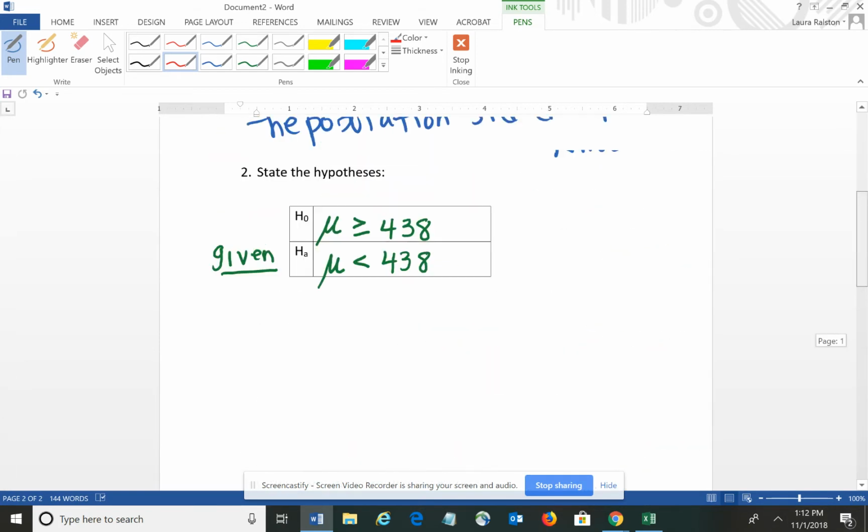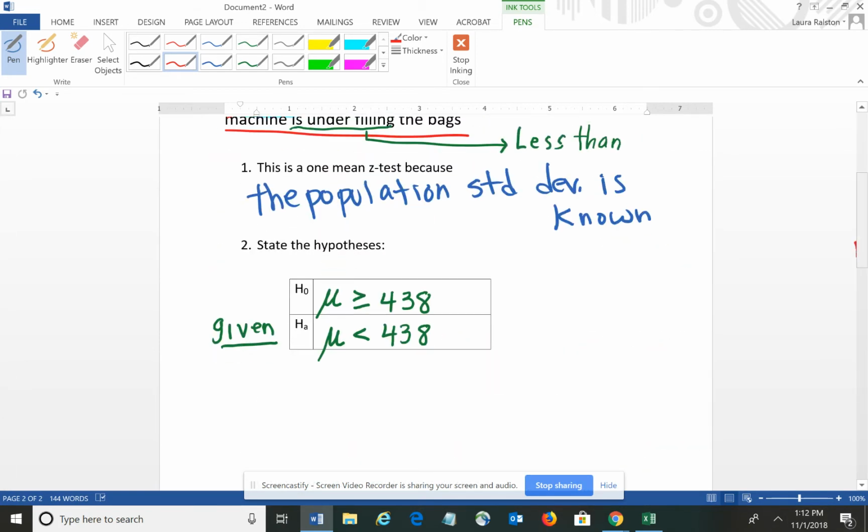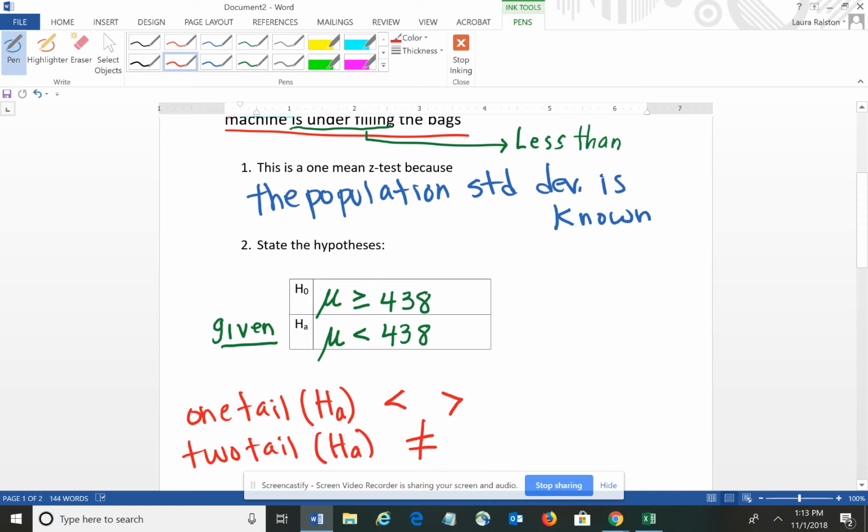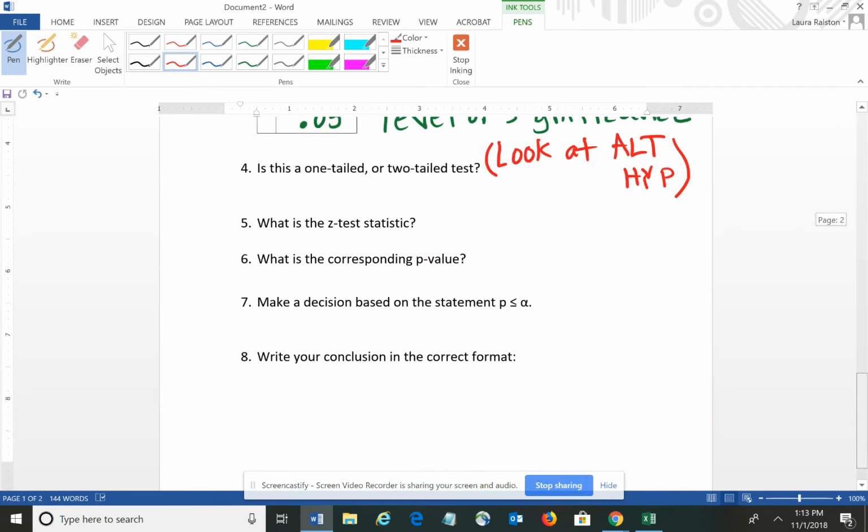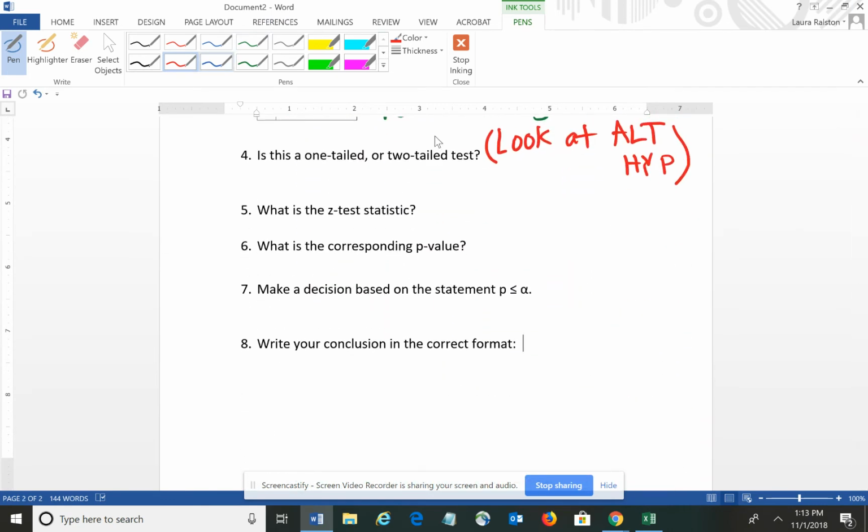I'm going to make a comment over here to the side: it would be a one-tailed test if the alternative hypothesis contains either less than or greater than. It is a two-tailed test if the alternative hypothesis has not equal. So looking at this symbol, I see I have a less than, which tells me that I have a one-tailed test.